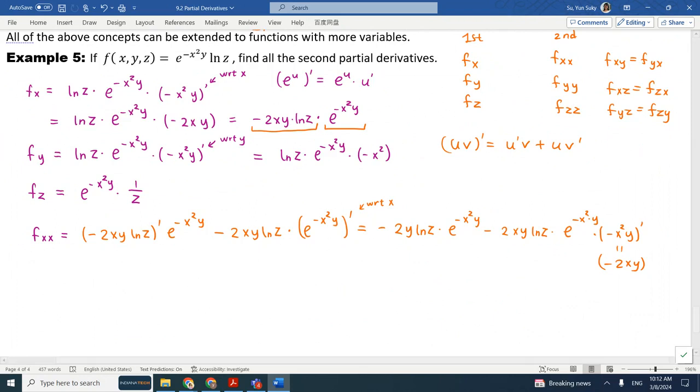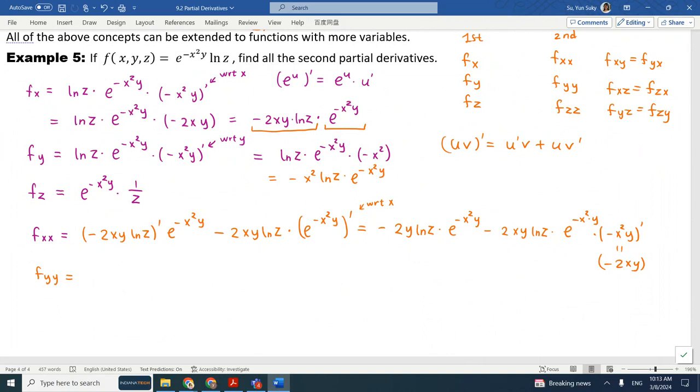The next one is fyy. For fyy, we look at this guy. Maybe we can move this in front so it's easier to see. So we put negative x squared ln z times e to the negative x squared y.